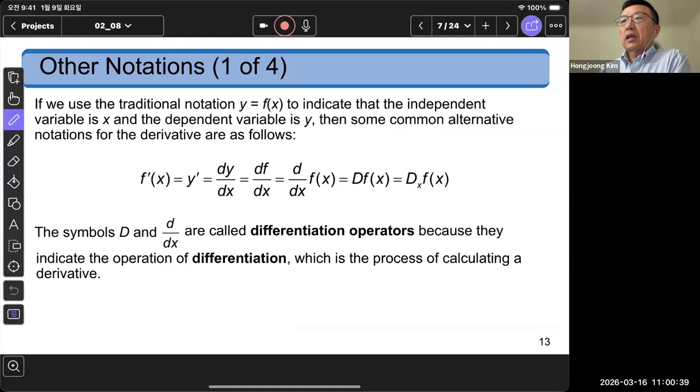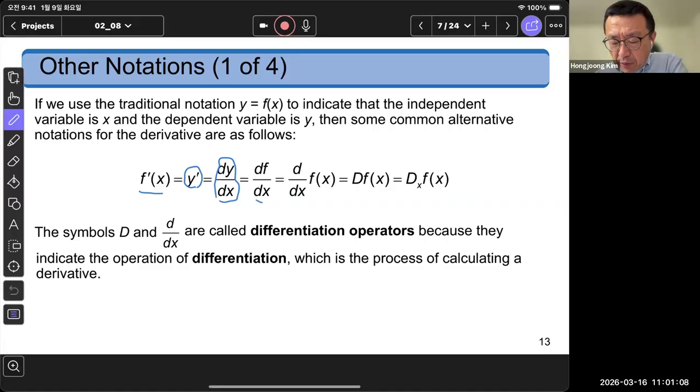Now, depending on the situation or application, sometimes people, instead of f prime of x, use y prime to denote the derivative of a function at x. Sometimes dy dx may be used.